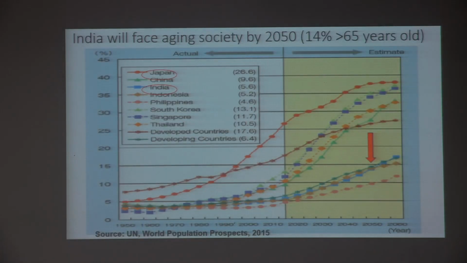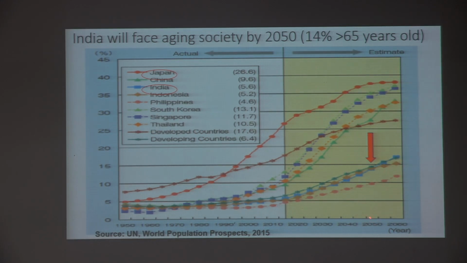Now, in society, we are experiencing an aging society. This graph shows the percentage of people who are over 65 years old, by year. The red line shows Japan, and the blue line shows India.